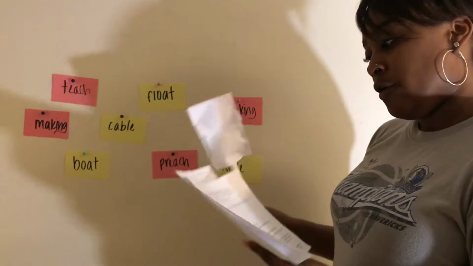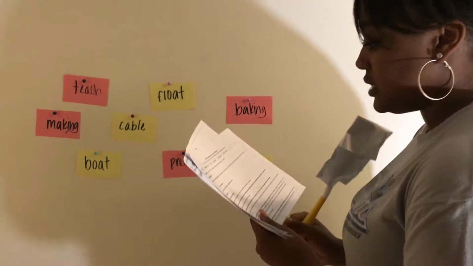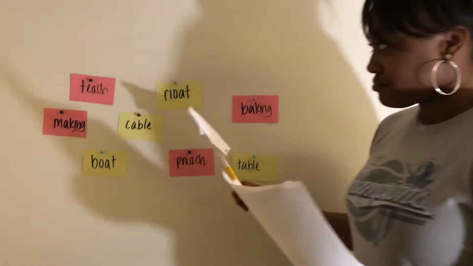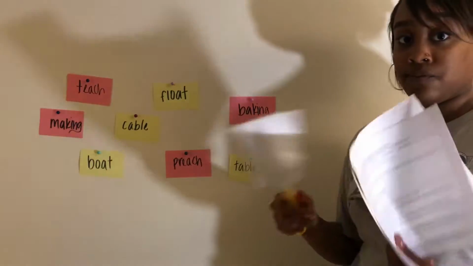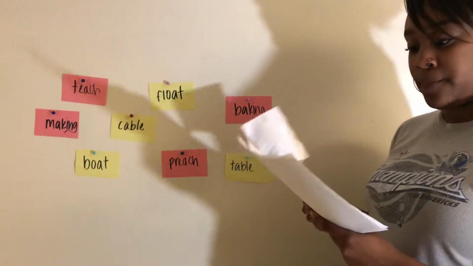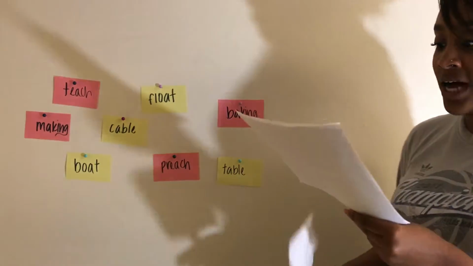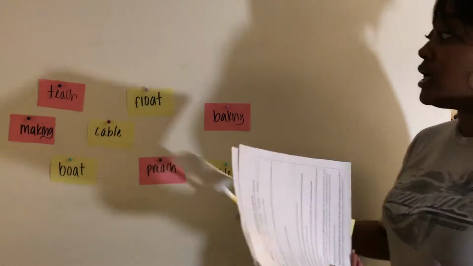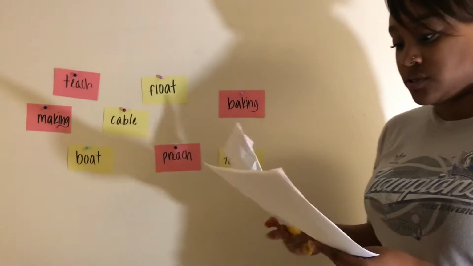My ELPS for listening will be that students will be able to listen and rhyme and point out, or for this game, they'll be swatting the two words that rhyme with each other. For speaking, the students will be able to speak using grade level content area vocabulary and text. These are the sight words, so they are the vocabulary words for the second grade students.